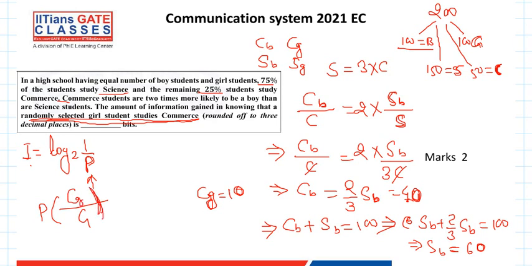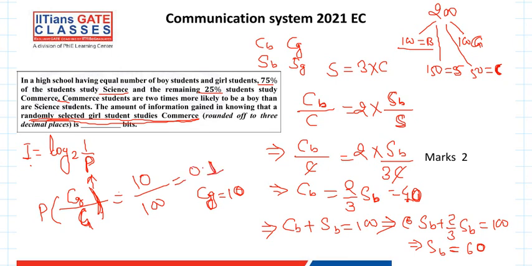So the probability that out of all the girls, what is the percentage of girls in the commerce section, that's what it means. The total number of girls in commerce is 10 and the total number of girls is 100, so it will come out to be 0.1.